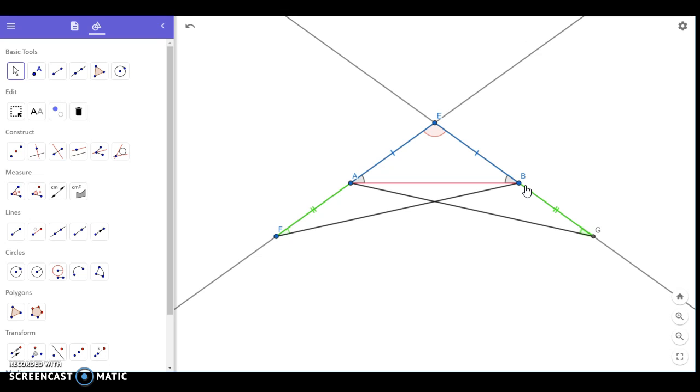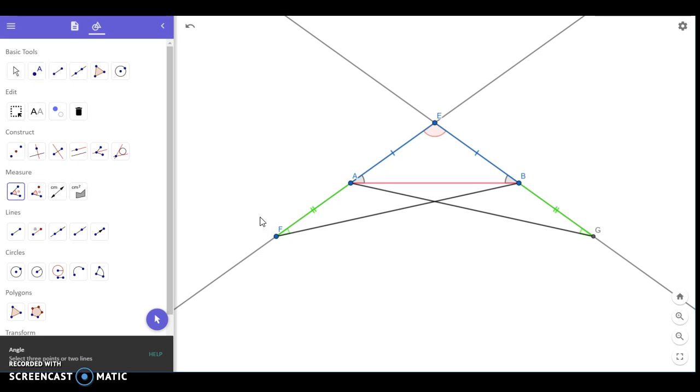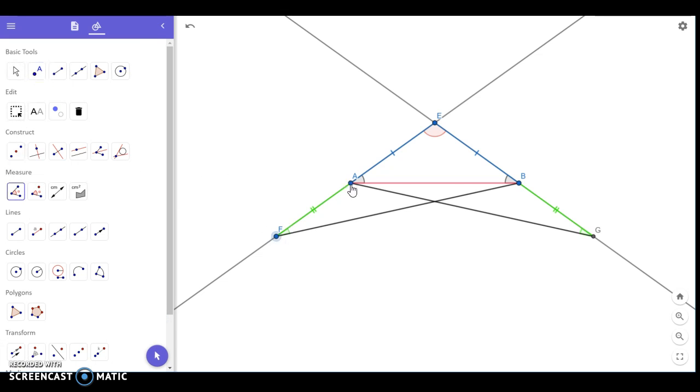So the good news is we can just use our side angle side, and the congruent parts of congruent triangles are also congruent. We can use those facts to get at this guy right here, FAB and GBA, since they're contained within these congruent triangles.